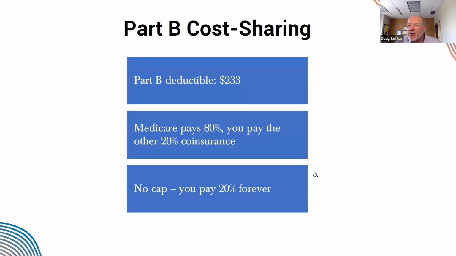Part B covers essentially everything else. Part B deductible is $233. And then all the costs above that, preventative is fully covered by Medicare.